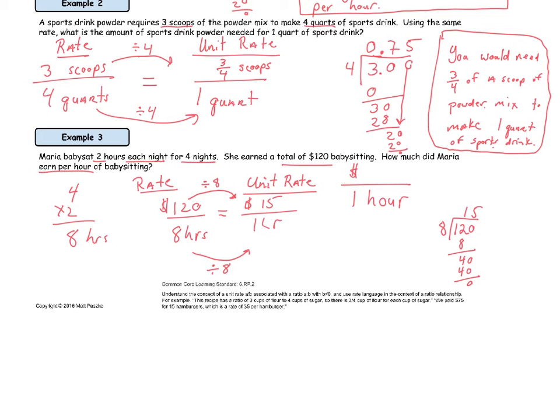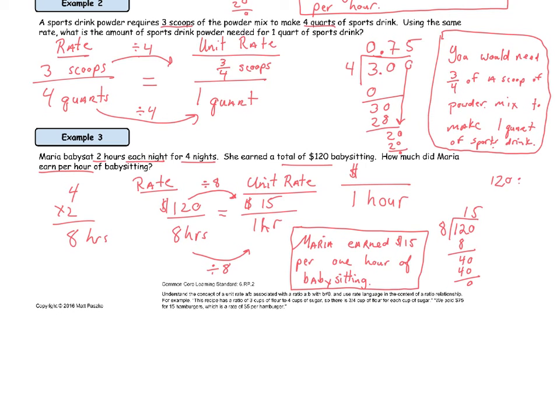So the question says, how much did Maria earn per hour? Maria earned $15 per hour of babysitting. Just to take this one step further, I know that the ratio of 120 to 8 is equivalent to 15 to 1. Those two ratios are known as equivalent ratios.